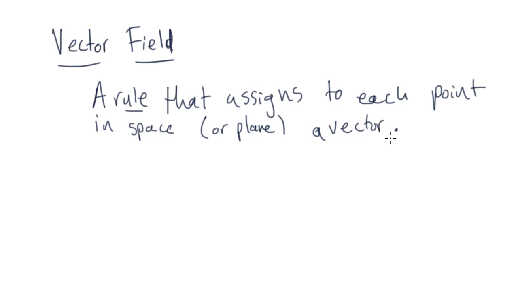So that's the general idea. Now formally, what is a vector field? It's a function from, say, R2 to R2 or R3 to R3.